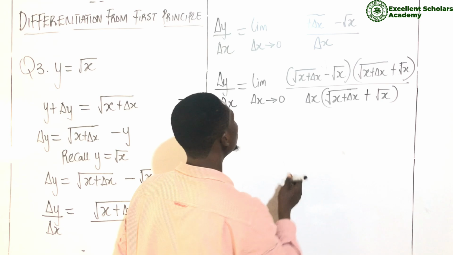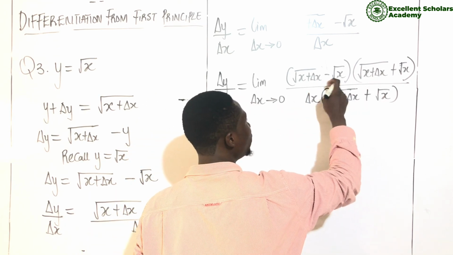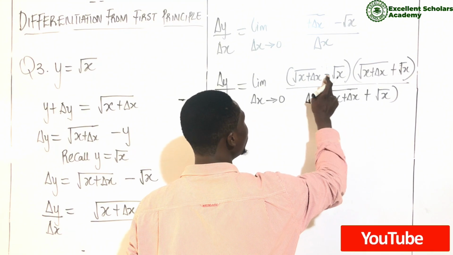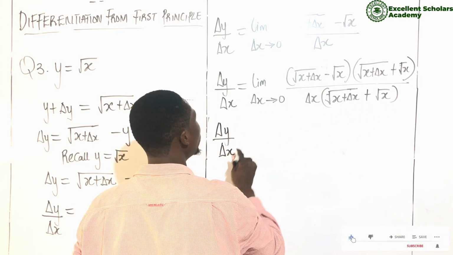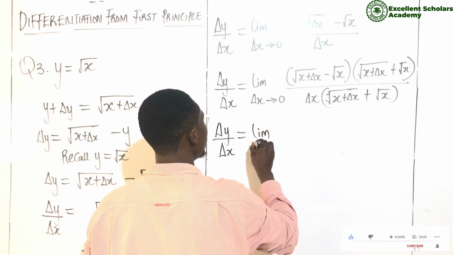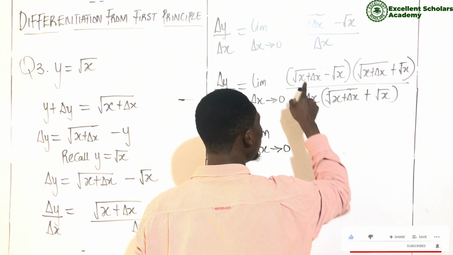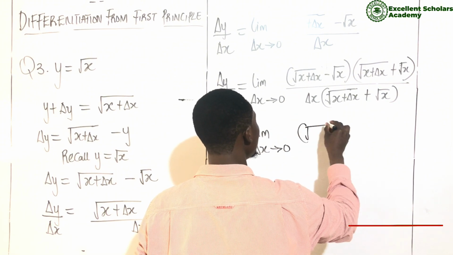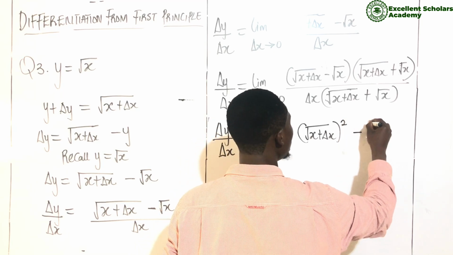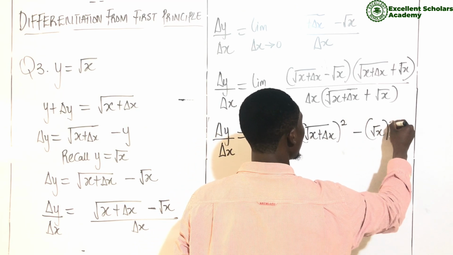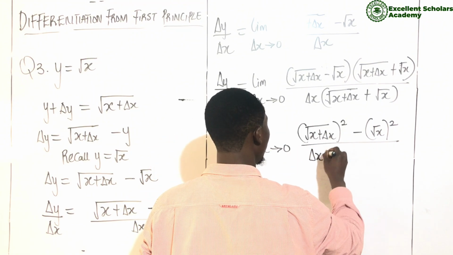Okay, now if you notice, this is a difference of two squares. It's the same thing, but one is minus, one is plus. So it becomes small increment in y over small increment in x equals the limit as small increment in x tends to 0. Now this can be brought together as a difference of two squares: this all squared minus this all squared, over this which remains here.